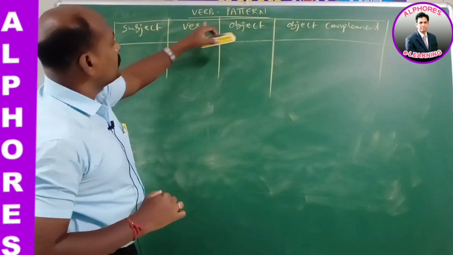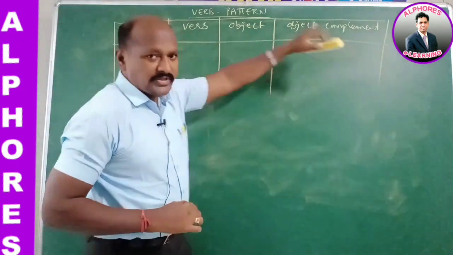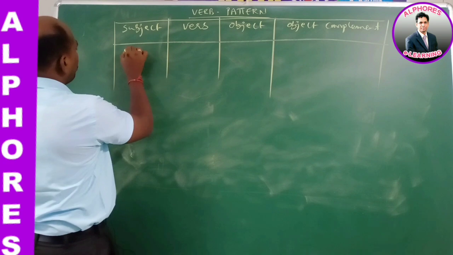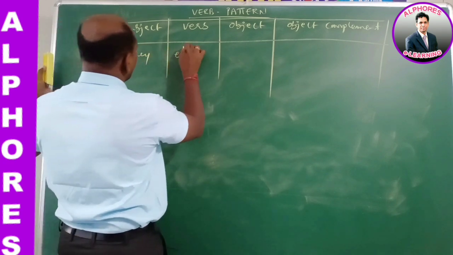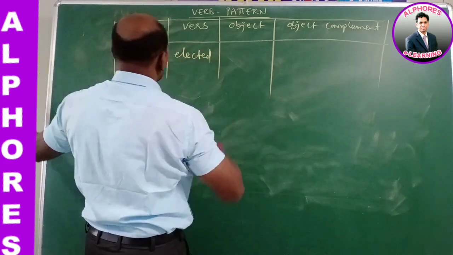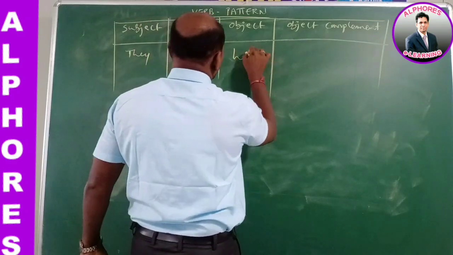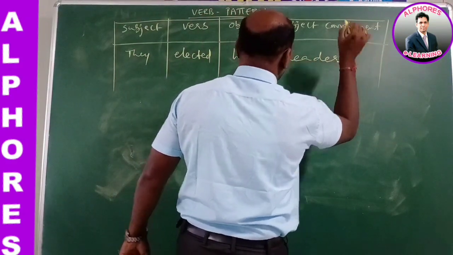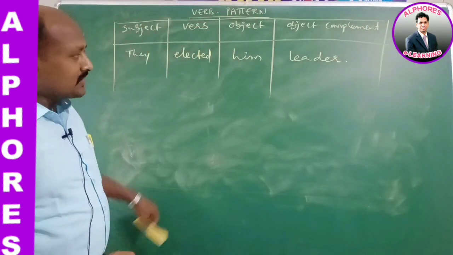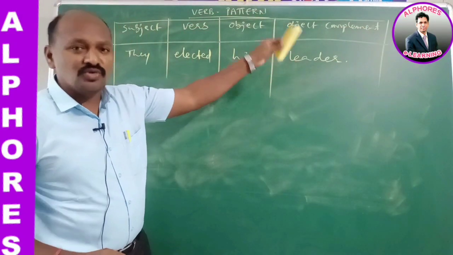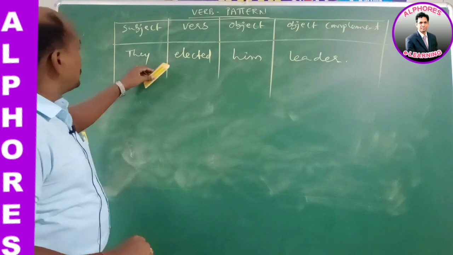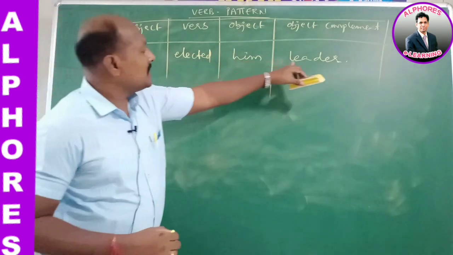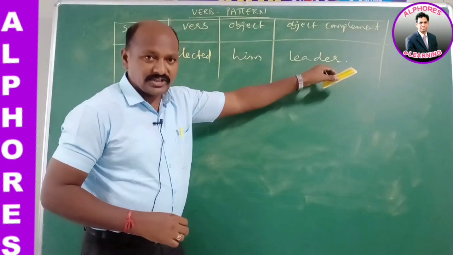They elected him leader, or their leader we can say simply. So they is the subject, elected the verb, him the object, and a leader the object complement.